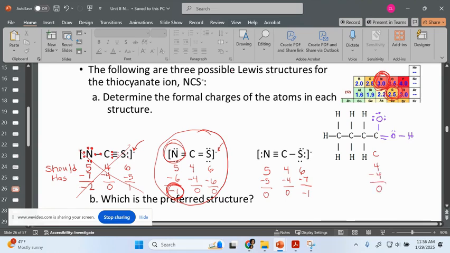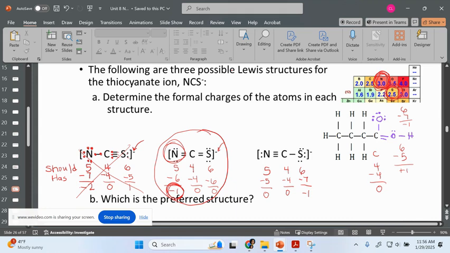This oxygen should have 6, and it has 8. 1, 2, 3, 4, 5, 6, 7. So it's at a negative 1. This oxygen should have 6, and it has 1, 2, 3, 4, 5. So it's at a positive 1.